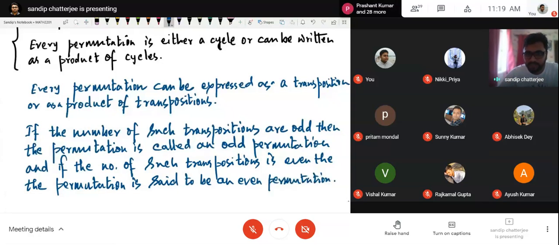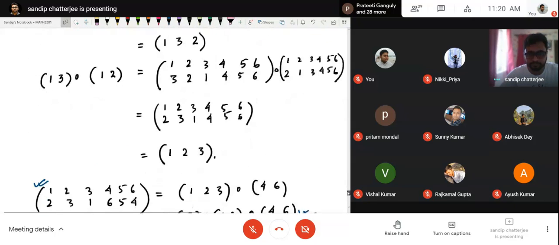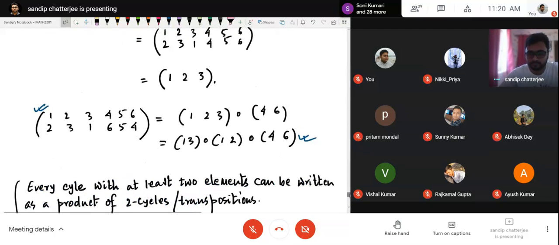Now, can you tell me what kind of permutation this phi2 is, even or odd? This is how we represented phi2, the simplified expansion of phi2. What kind of permutation will this be, even or odd?